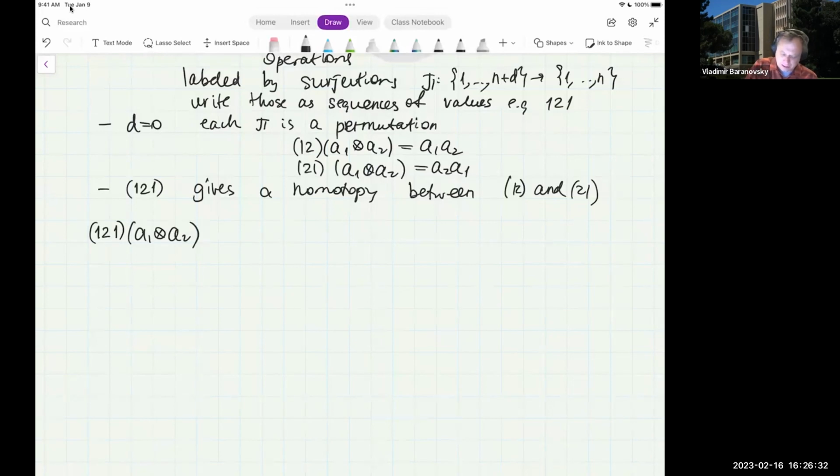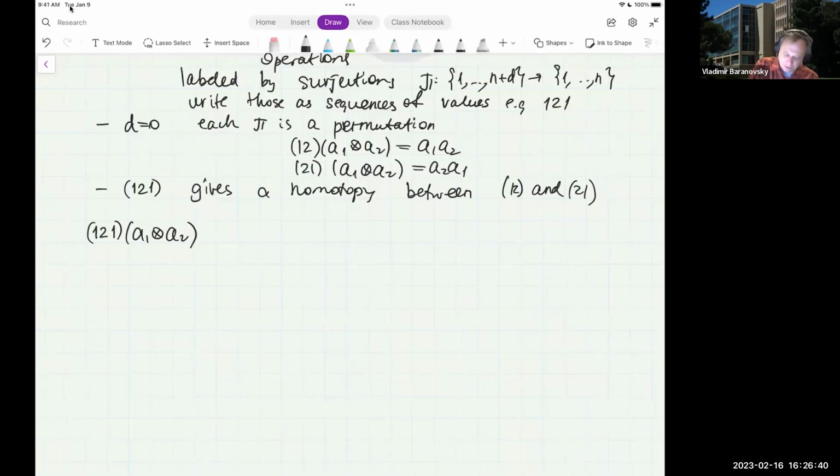The result of this operation will be a cochain, and you're expected to evaluate it on simplices. Let me just write 1, 2, 3, 4, 5, 6, 7. Suppose you have a simplex with 7 vertices, and you want to describe what this cochain will do. So the value will be a summation with certain signs. Let me just explain a particular term, and then we'll see that it's generalizable.